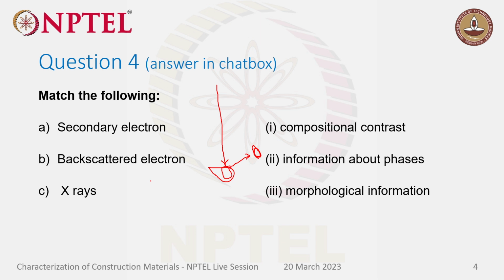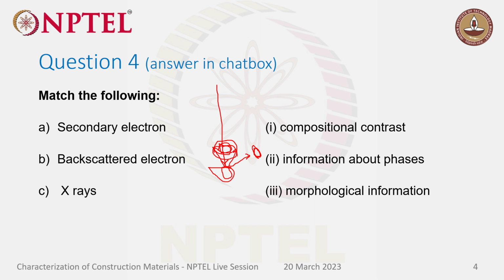When it comes to backscatter electrons, at the end of the SEM column itself there will be an annular ring set around the column, which is where the backscatter electron collector will be. So that also will be collected here.